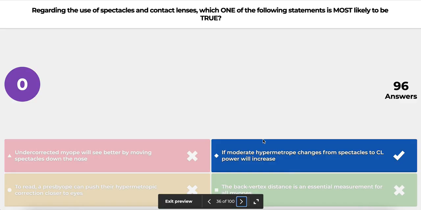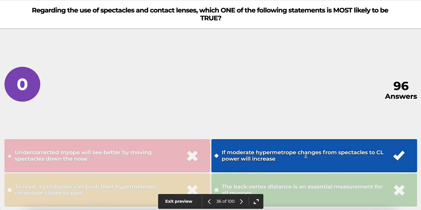So let's review the answers. An uncorrected myope will see better by moving the spectacle toward his eyes, not down his nose, because this way he will increase the effectiveness of the lens. A moderate hypermetrope changing from a spectacle to a contact lens, the power will increase.